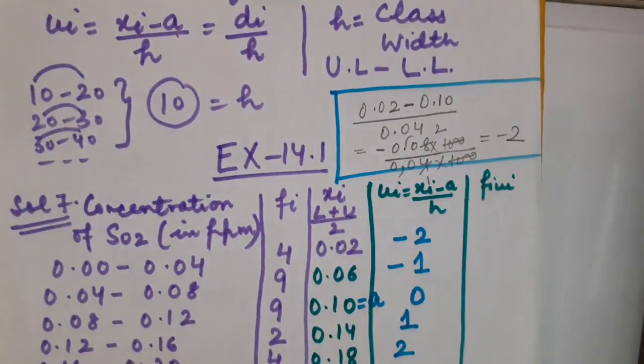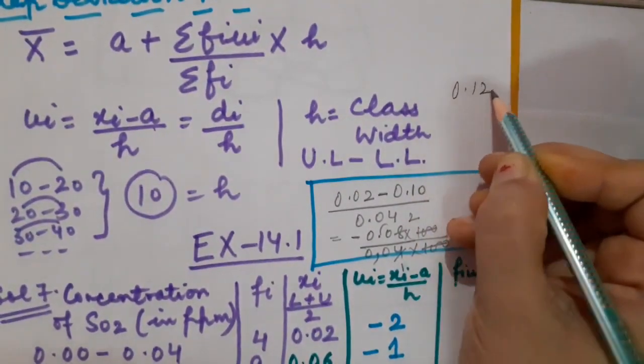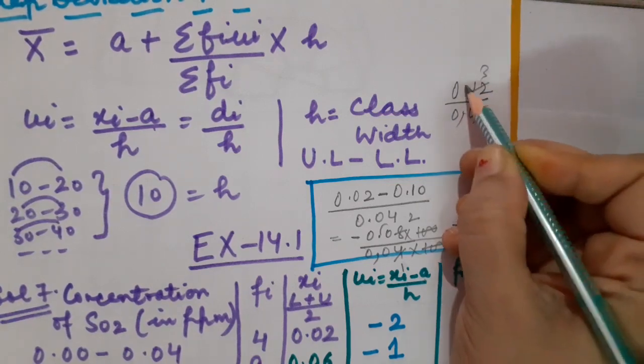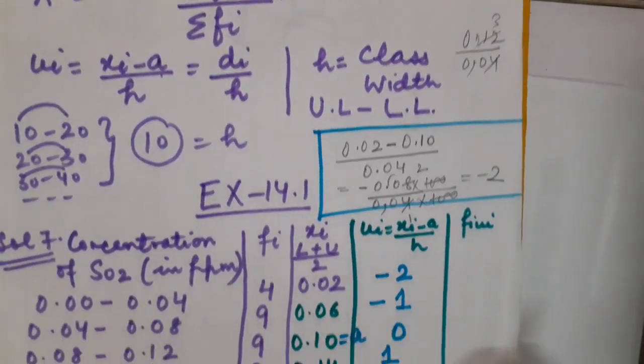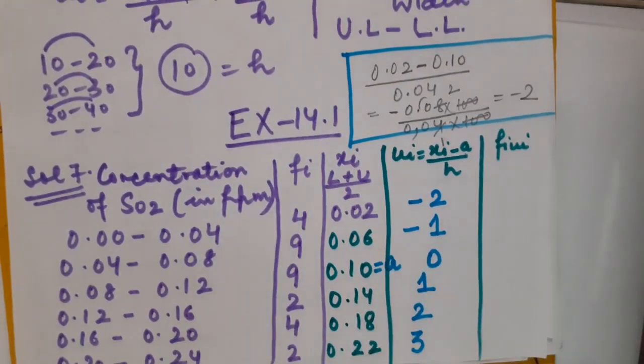So what will you be getting? You will be getting 0.12. Correct? And when this 0.12 is divided by 0.04, ultimately you will be getting 3 because the decimal will be removed. Correct children? Understood?